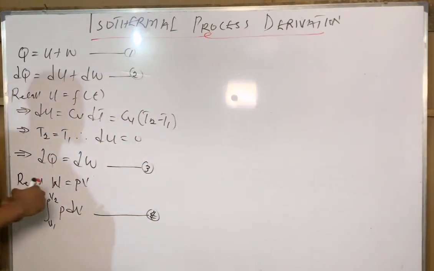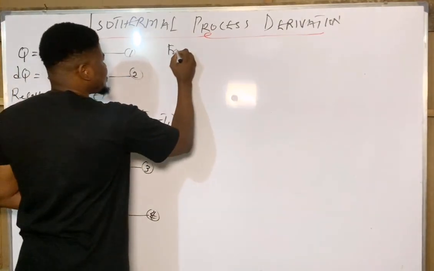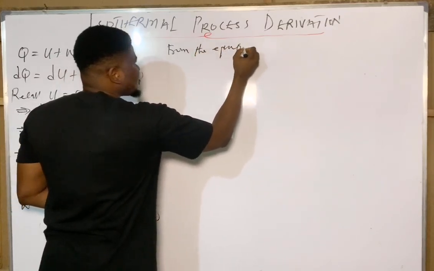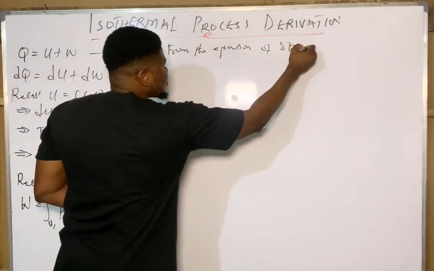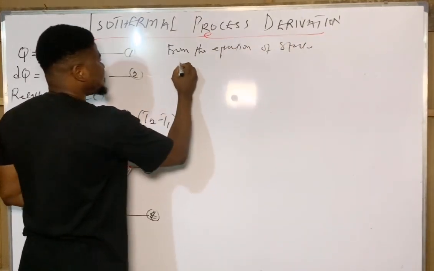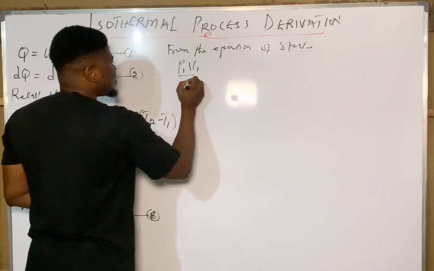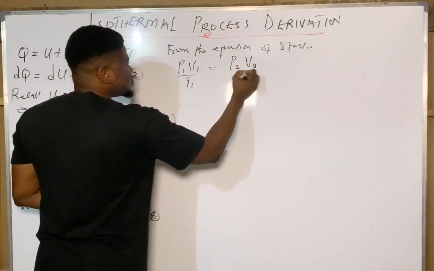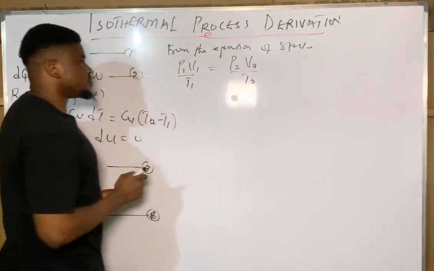Now from the equation of state, we have P1 V1 over T1 equal to P2 V2 over T2.